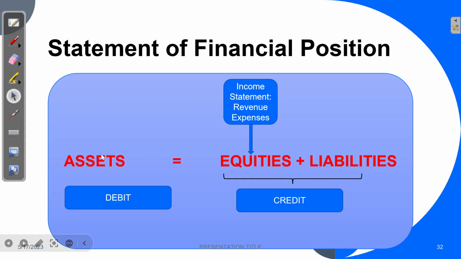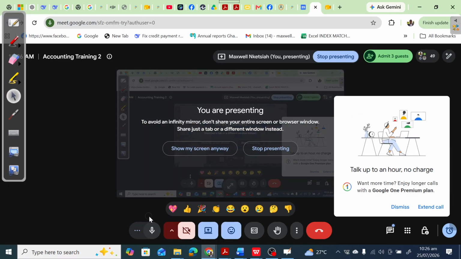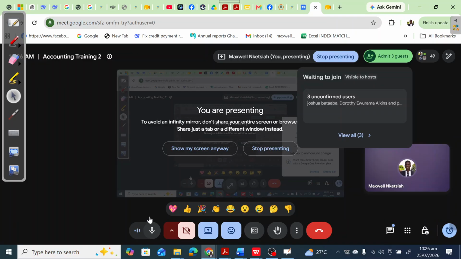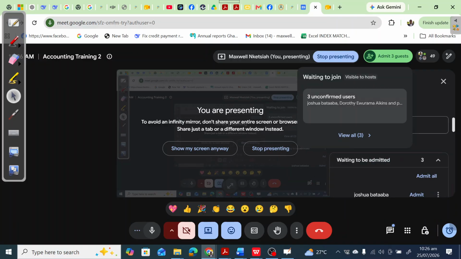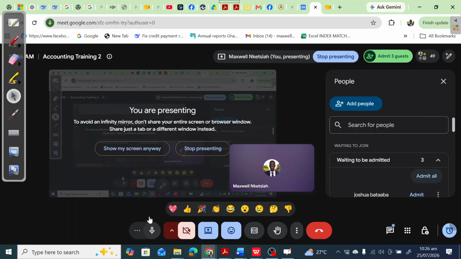So what is an asset? Can anyone explain what an asset is? Anyone to help out with the definition of assets? Anyone?